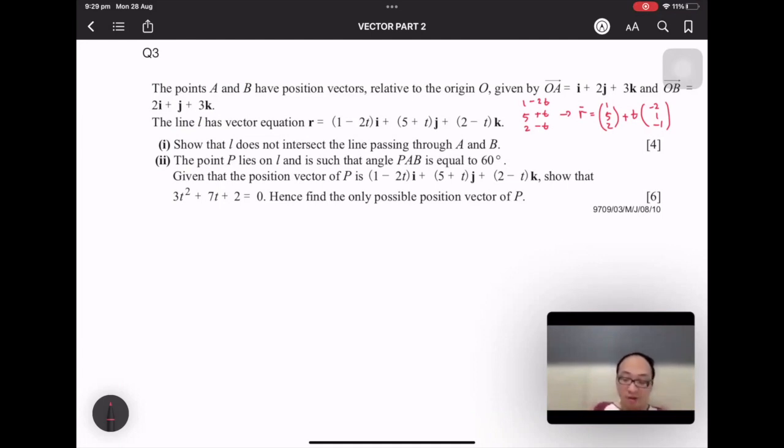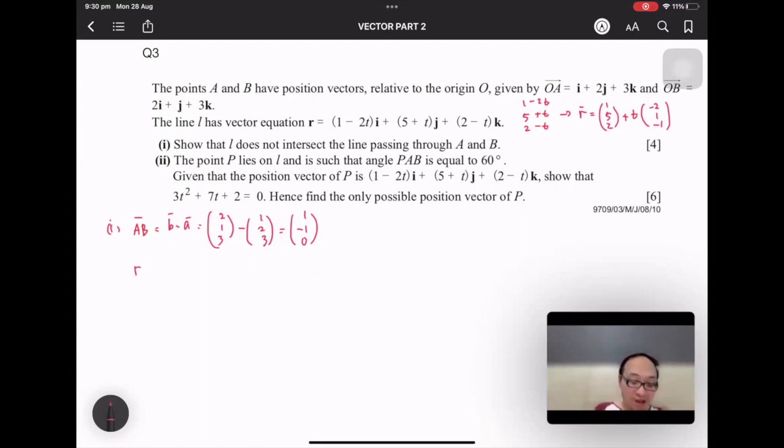So again, we have to find the equation of AB. AB has a position vector B minus A. So this is (2, 1, 3) minus (1, 2, 3), which equals (1, -1, 0). So this is the direction vector of AB.